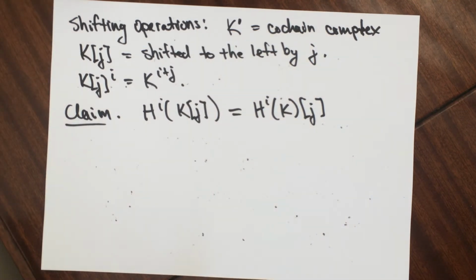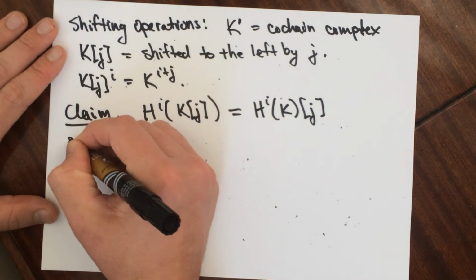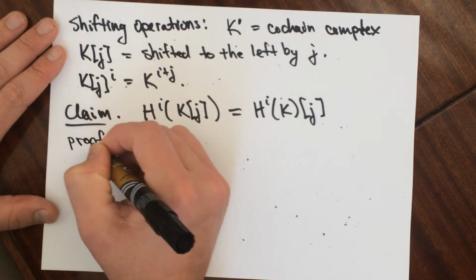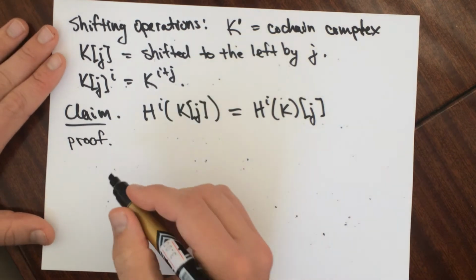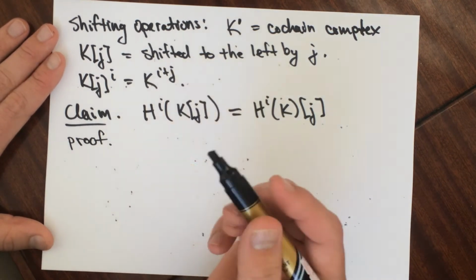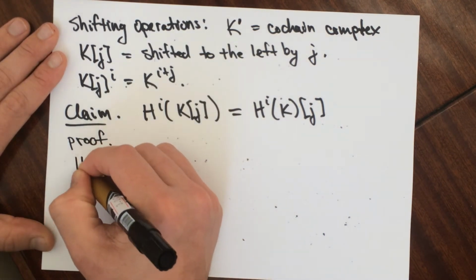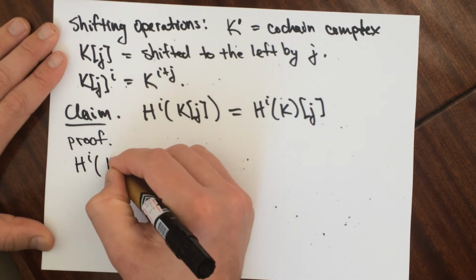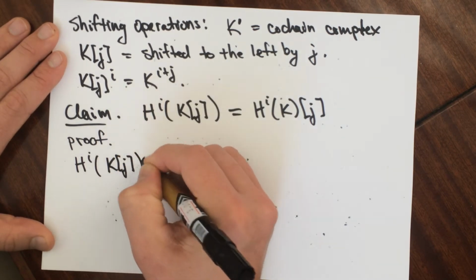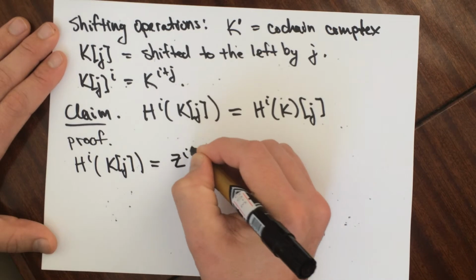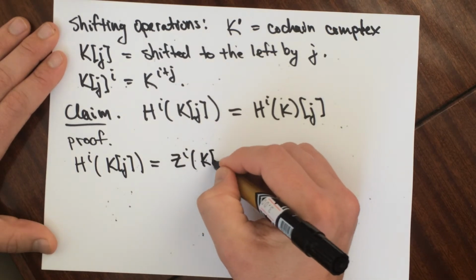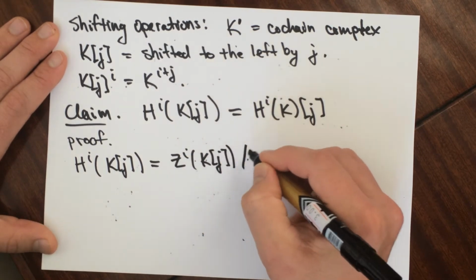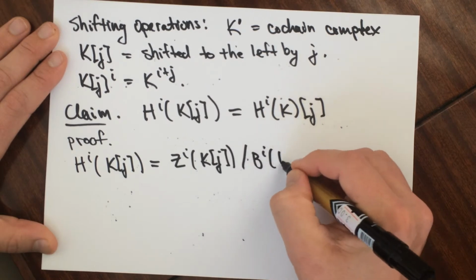This is an equality, and the proof is really easy. It's an exercise, but I'll write it out. H^i of K[j] is equal to Z^i of K[j] modulo B^i of K[j].